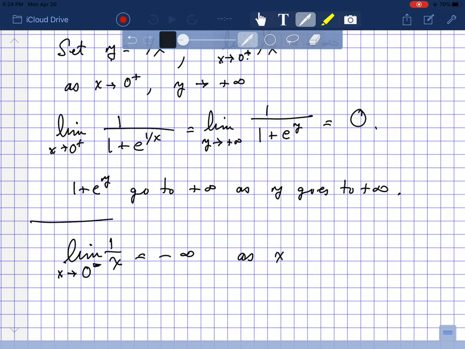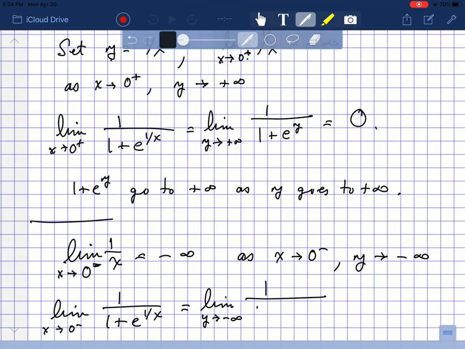So as x goes to 0 from the left-hand side, y goes to minus infinity. So I can write the following. The limit as x goes to 0 from the left of 1 over 1 plus e to the 1 over x is equal to the limit as y goes to minus infinity of 1 over 1 plus e to the y.